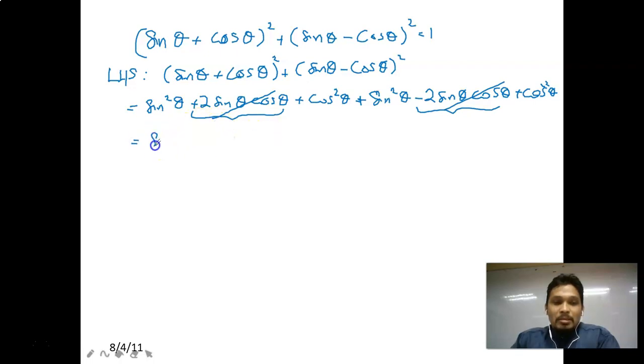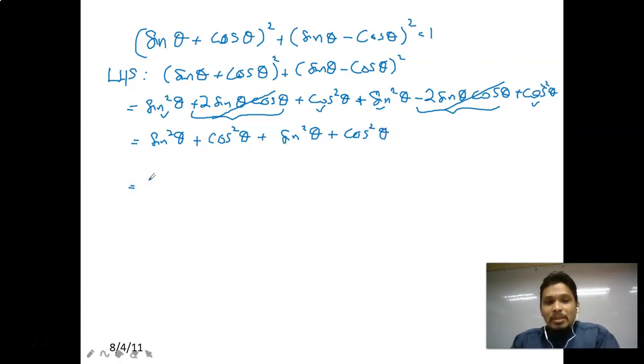Okay, and then what do you find out here now? Sine squared theta, plus cos squared theta, plus sine squared theta here, and also cos squared theta.